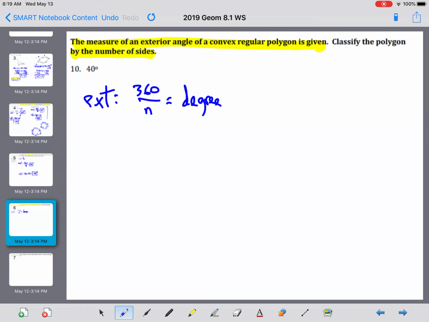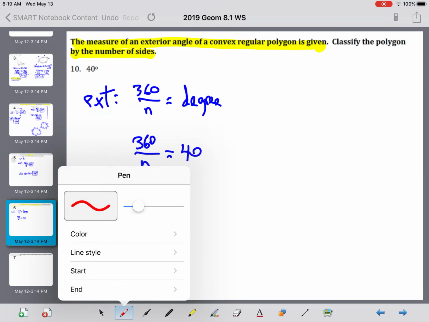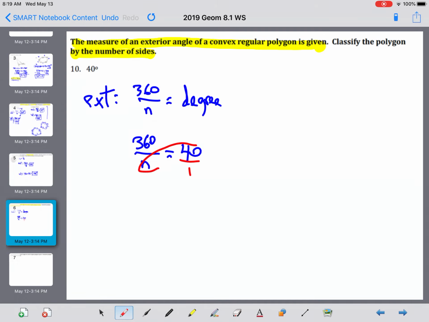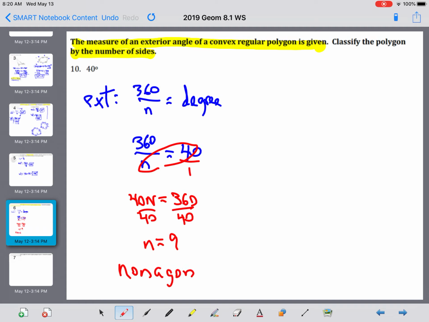Now in this case, I'm looking for n. I know the degree is 40. So now I'm going to do a little bit of proportion work here. 40n equals 360, divide by 40, divide by 40, and I get n equals 9, and that is a nonagon. Okay, so that's a way to figure this out.